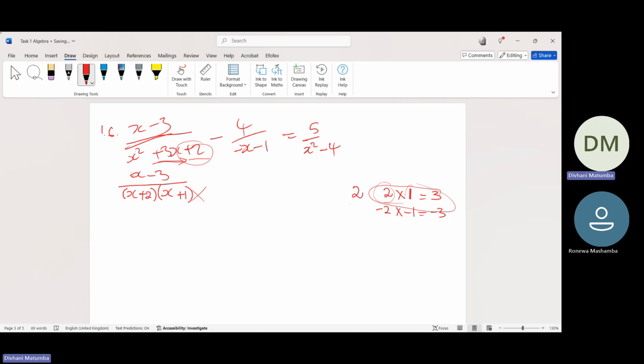We have factorized. You agree? Yes, sir. All right. Minus 4 over... do we need to do any further factorization on minus x plus minus 1, you think?